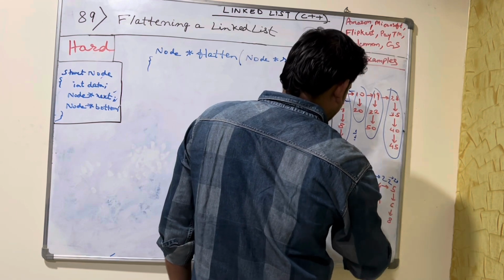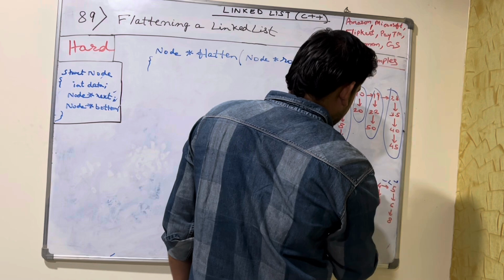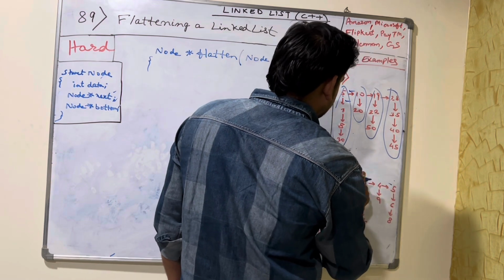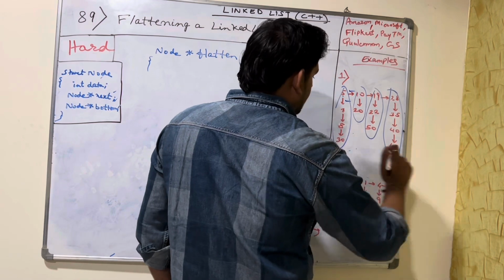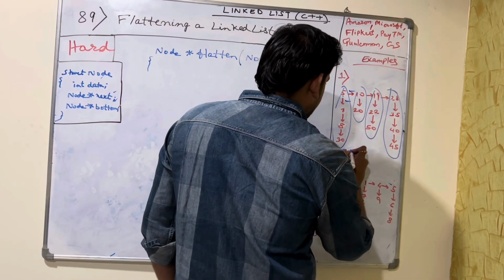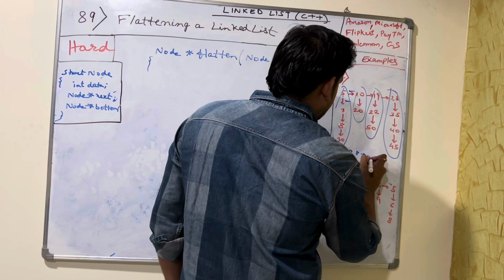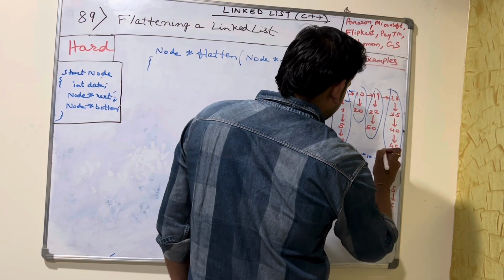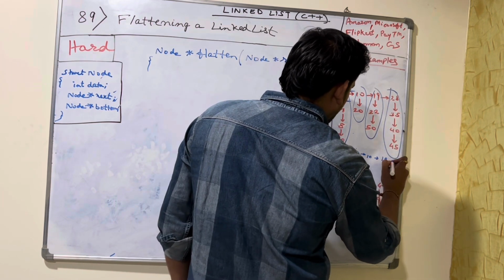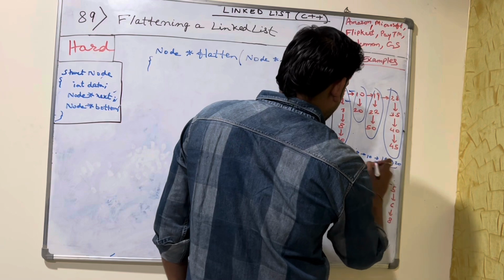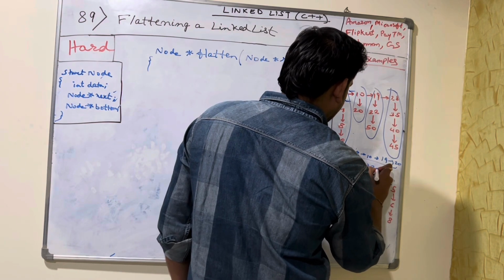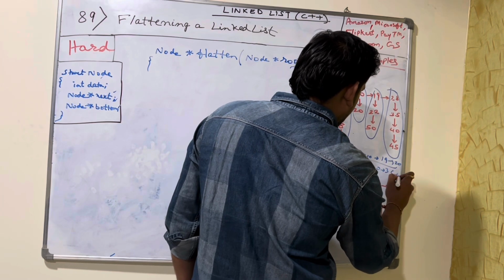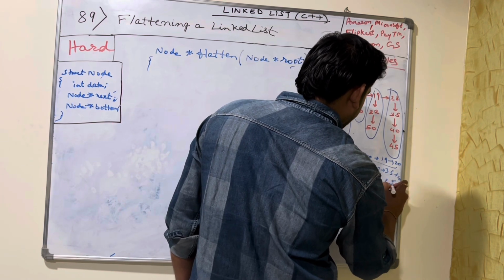So I'll write like this. Assume that this is in the bottom direction, okay. 5, 7, 8, 10, 19, 20, 22, 28, 30, 35, 40 and then 45, okay.